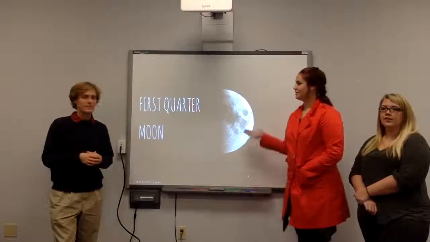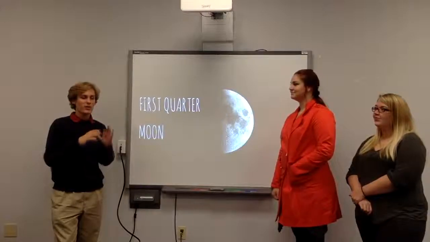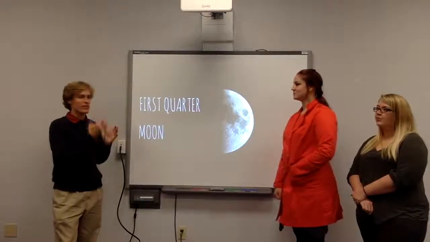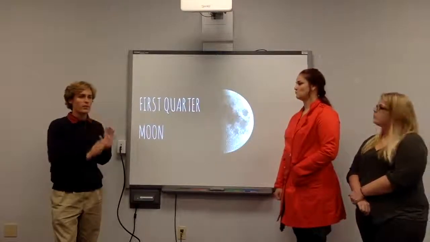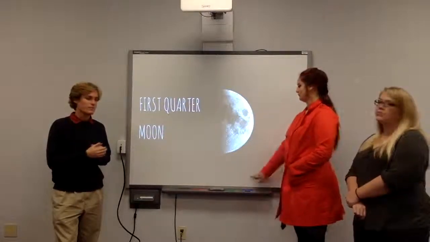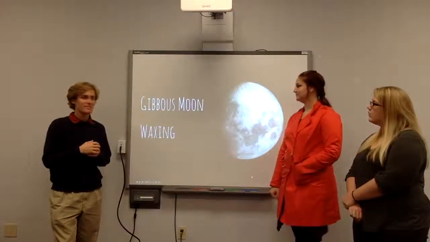This is called the first quarter moon. Then we would explain that is when the right half of the moon would be bright and lit up.